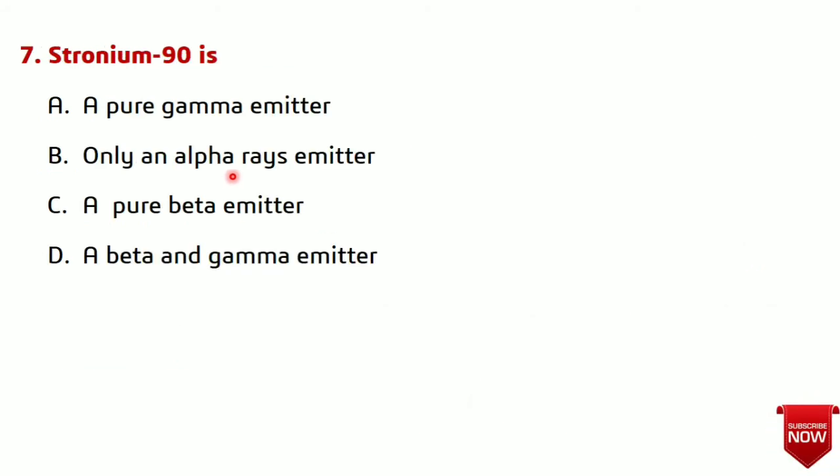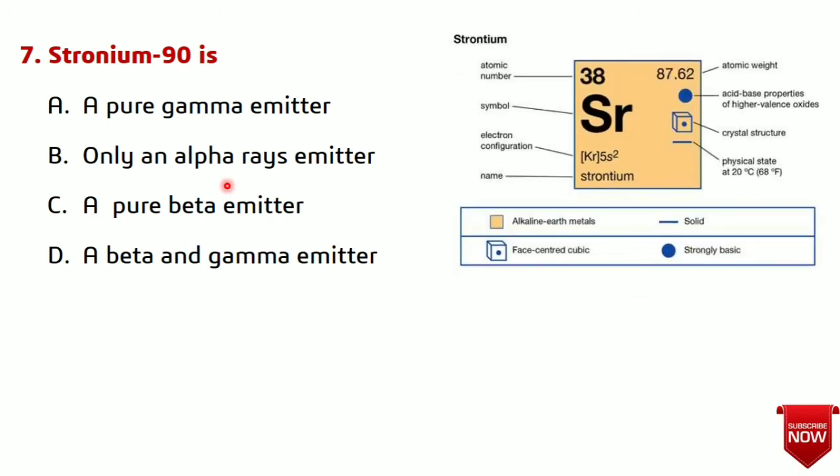And question number 7, strontium 90 is a pure gamma emitter, or only an alpha rays emitter, or a pure beta emitter, or a beta and gamma emitter. So here we can observe the strontium 90 is an isotope. The normal strontium has a molecular weight of 87.62 and its atomic number is 38.